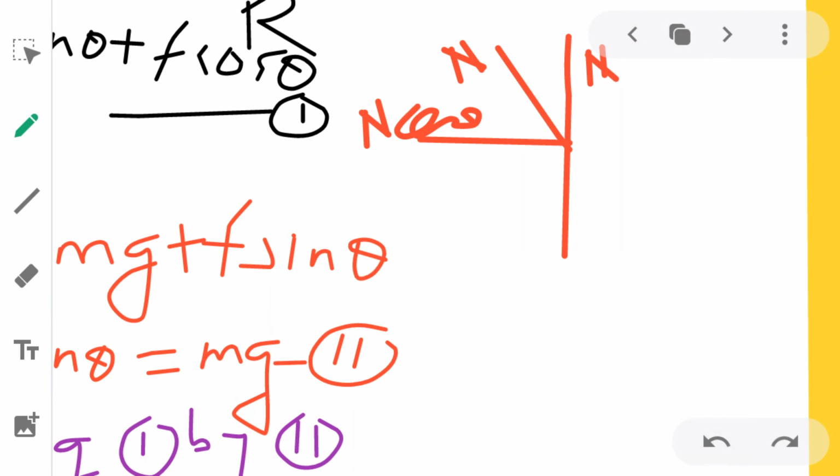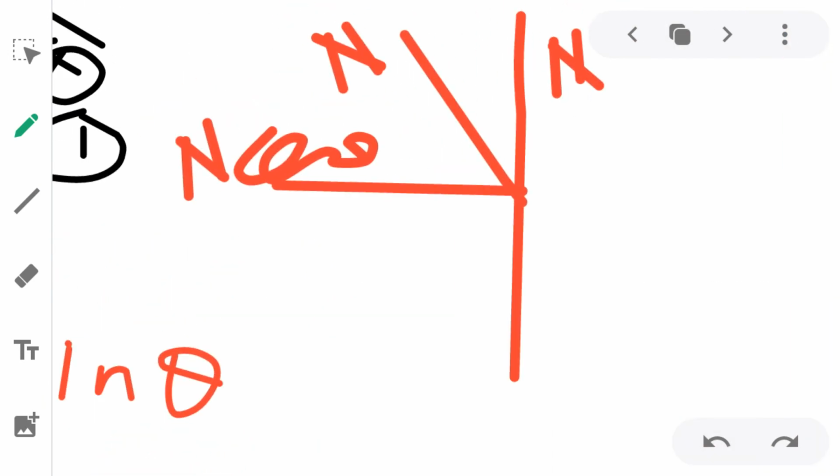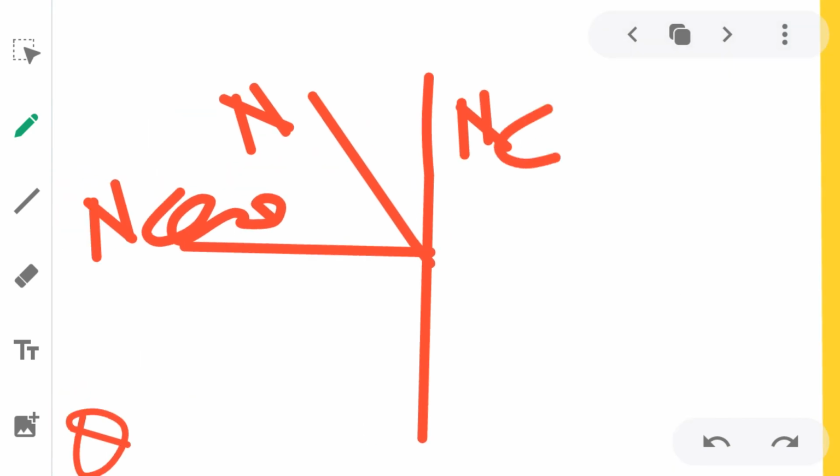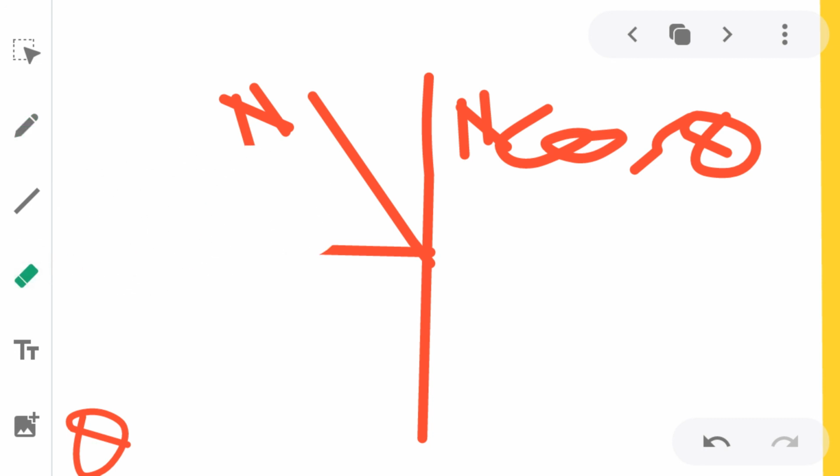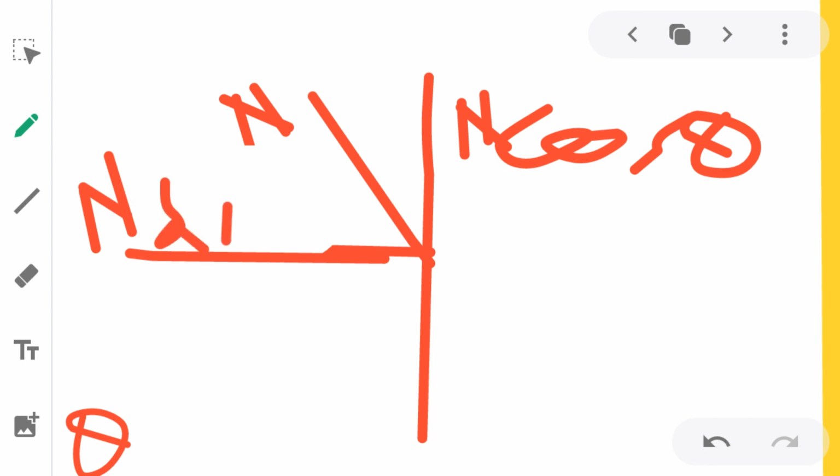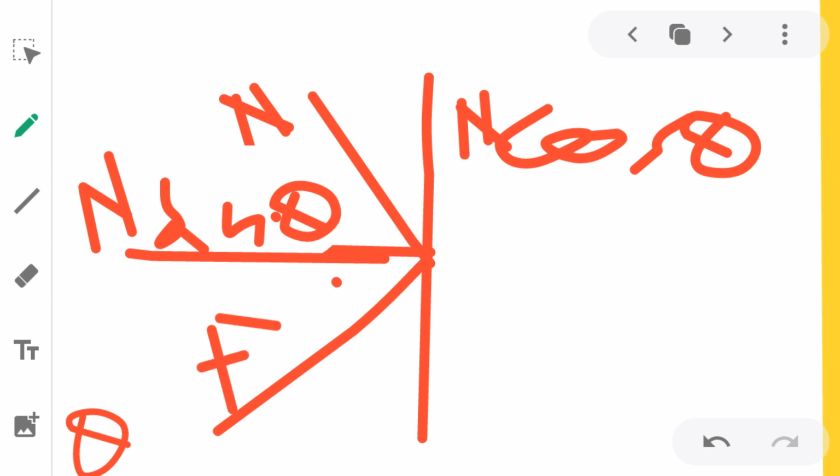Sorry, n cos theta, and here n sin theta. These both, this is force f cos theta and f sin theta.